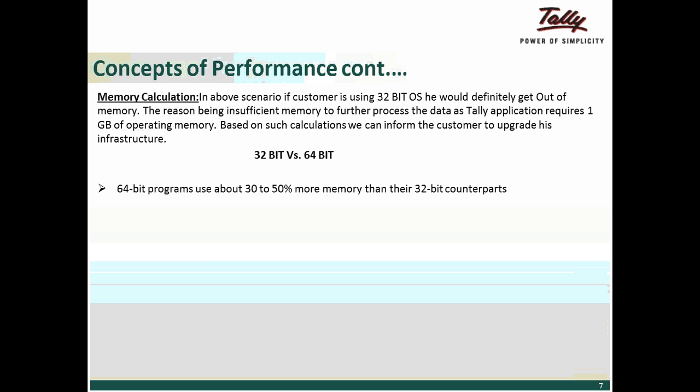This is to say, if you are having any application, a 64-bit application consumes 30 to 50% more physical memory than a 32-bit application. Right? 64-bit operating systems are usually around 10% faster than their 32-bit counterparts.